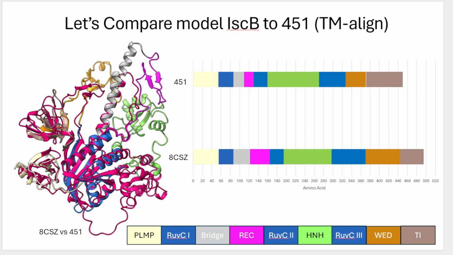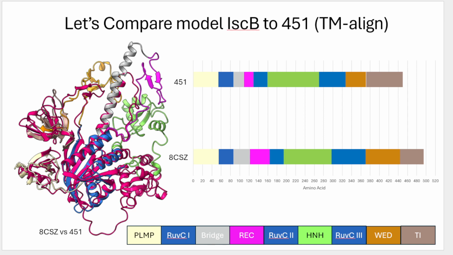RuvC, bridge helix, REC, no, it's technically not really the REC domain. It's too small to be a REC domain, but it's there. RuvC, HNH, WED, and TI. You can pretty much see it's in a very similar fold. It looks very much the same, which is good.